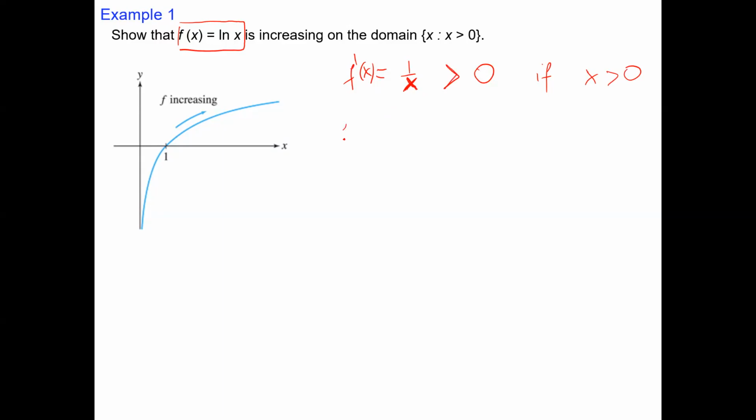And that means function is increasing for all x's from the domain. We know what is domain. And I think this is quite strong. It's a proof.